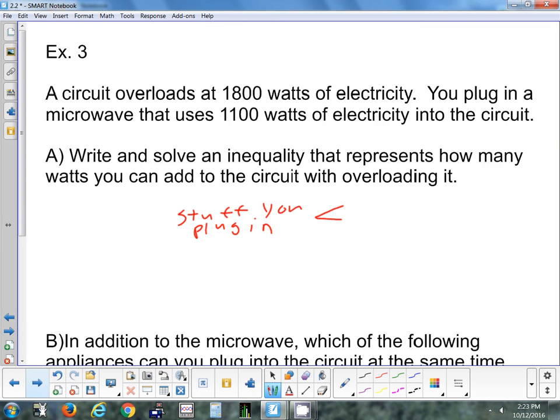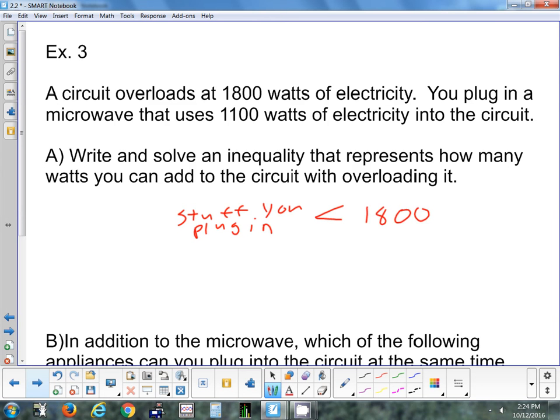Is it less than or equal? What do you think? Well, it says the circuit overloads when you hit 1800 watts. So can we plug in 1800 watts of stuff? No. The stuff you plug in has to be less than 1800 watts.